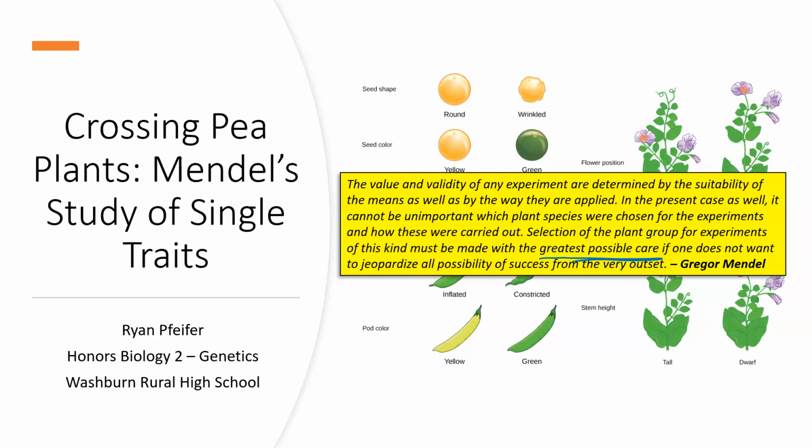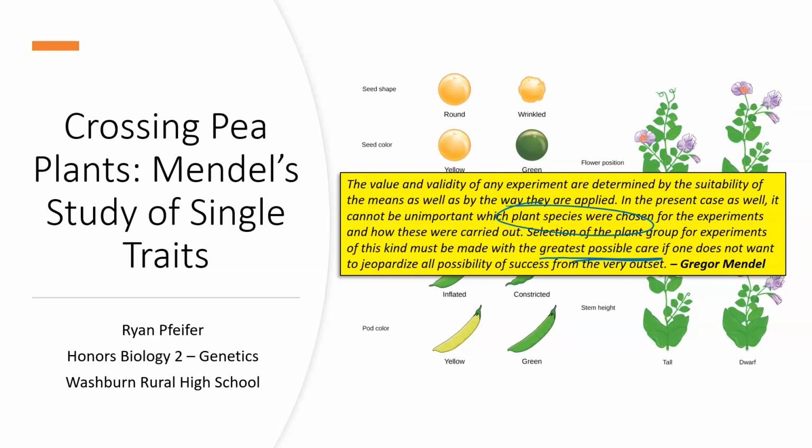And he was looking for how traits are inherited, whether there were ways to predict the inheritance of traits, and what the ratios, or the probability, were of certain traits being inherited from parents to offspring. And so he chose pea plants, and it wasn't just a random selection. He chose pea plants on purpose because he knew that the proper plant species had to be chosen in order to give him the greatest possible success.